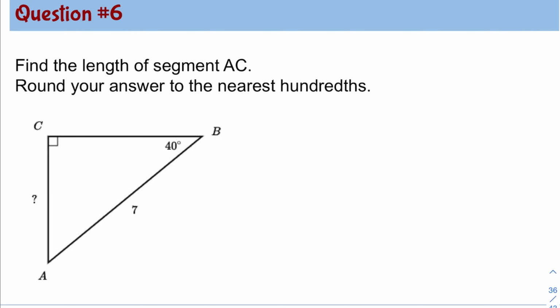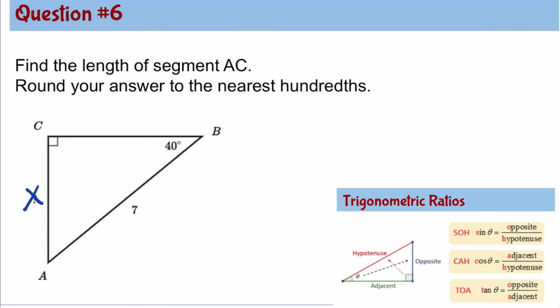Question number 6. Find the length of segment AC. I'll label that x. So in this problem, which trigonometric function are we using? Sine, right? Because 7 is the hypotenuse and x is the opposite of 40-degree angle. So how will you set up the equation?